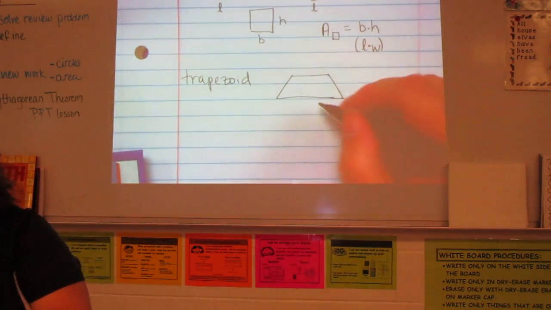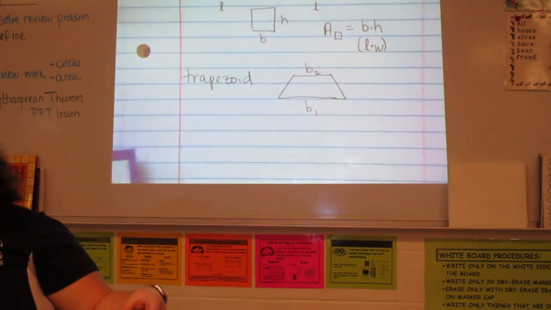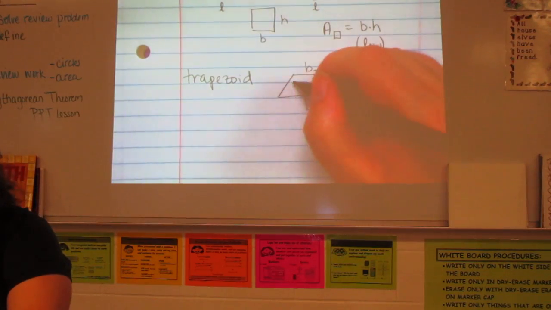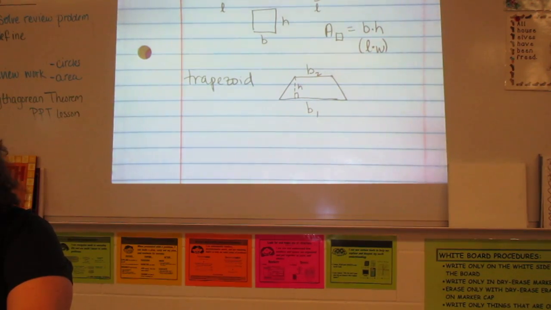The area of a trapezoid, if this is base 1 and this is base 2, and this of course is your height. The height is always perpendicular to the base, or the bases.